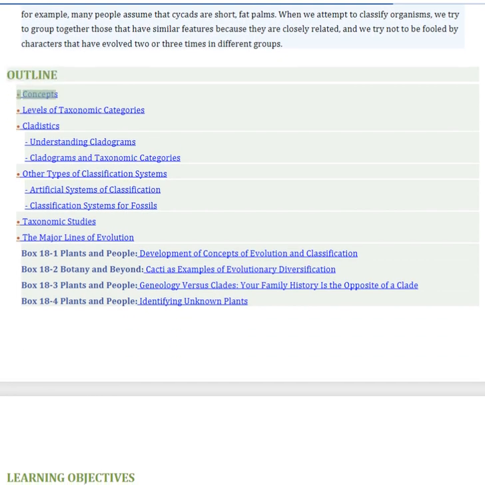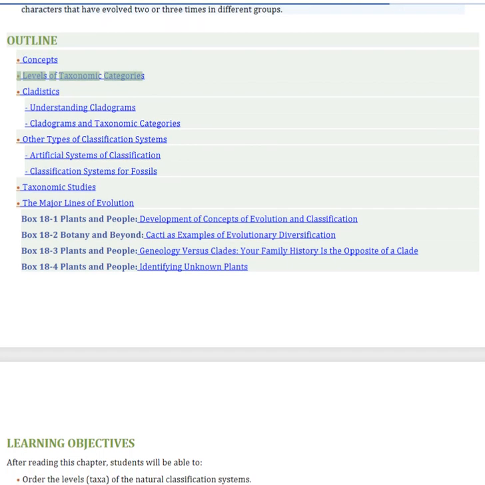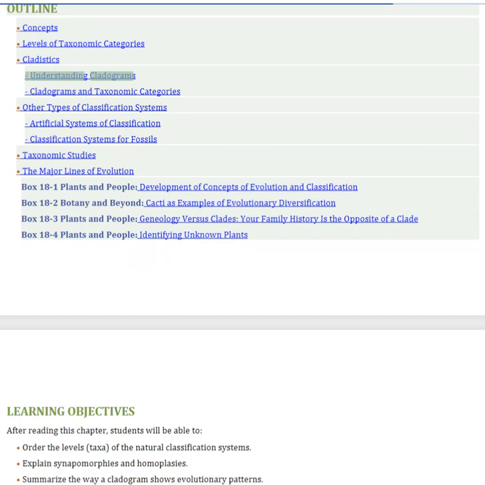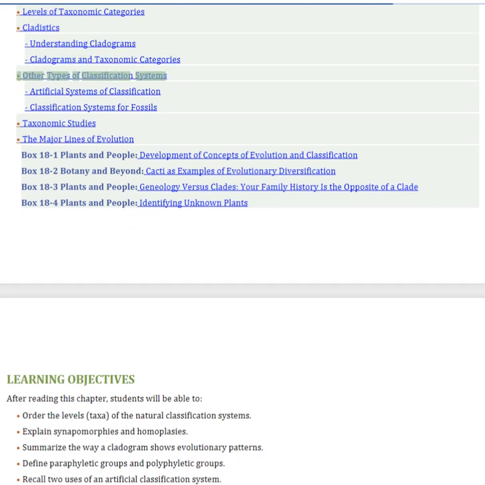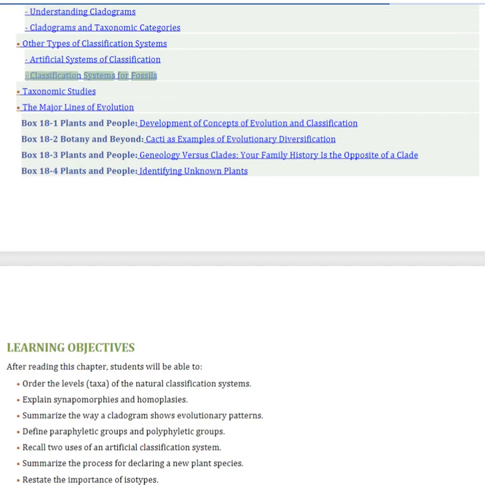Outline. Concepts. Levels of taxonomic categories. Cladistics. Understanding cladograms. Cladograms and taxonomic categories. Other types of classification systems. Artificial systems of classification. Classification systems for fossils.